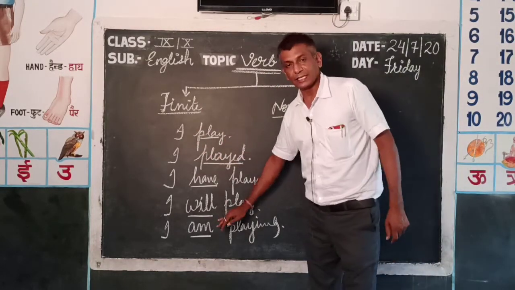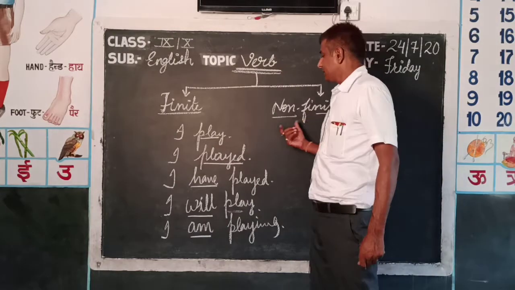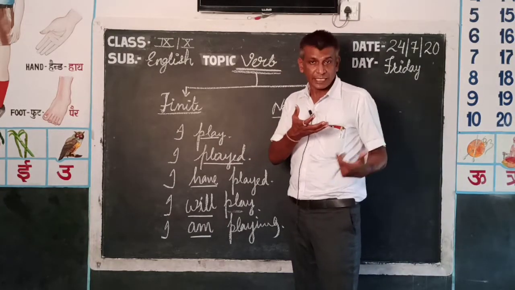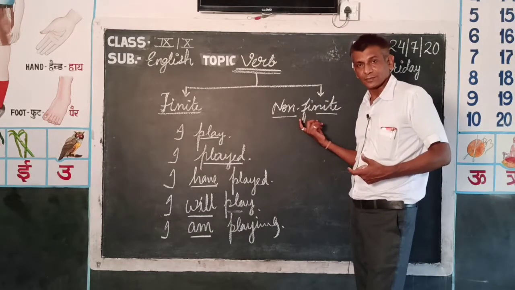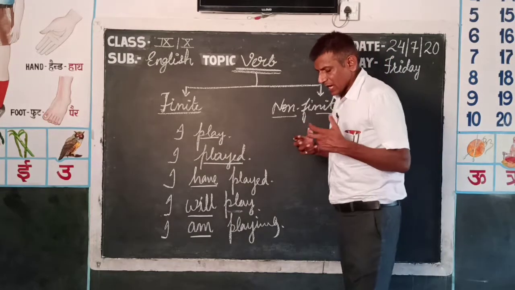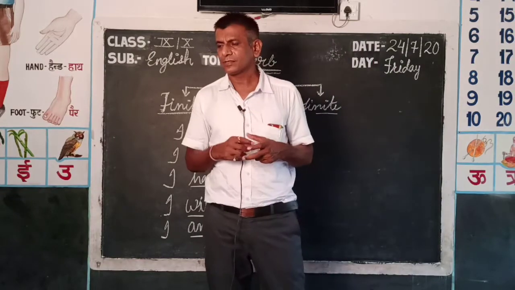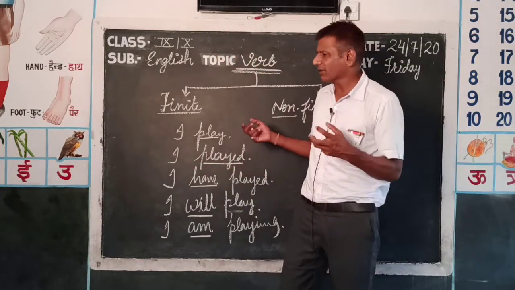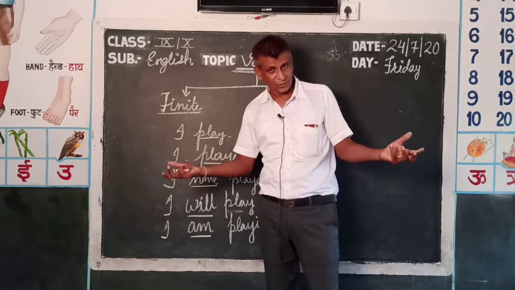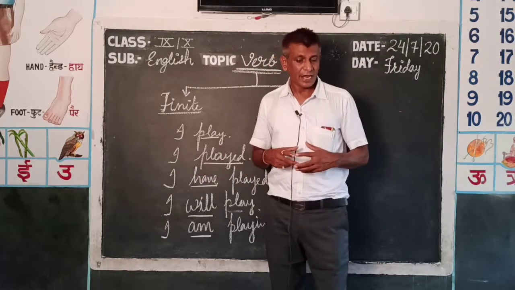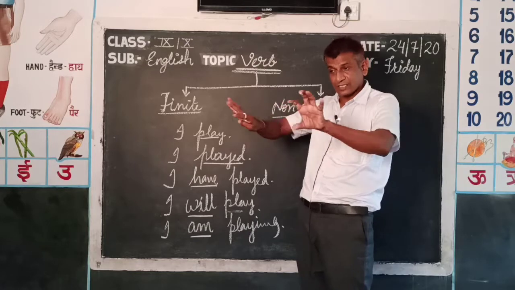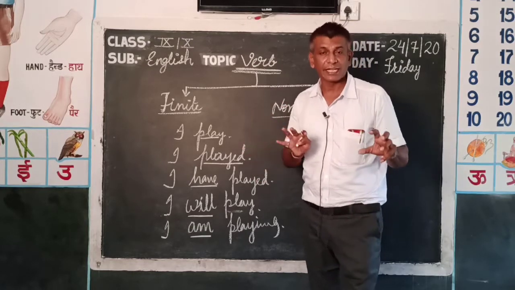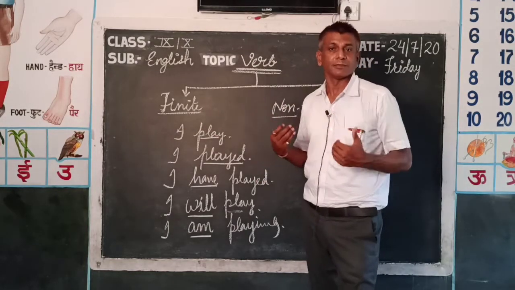The rest of the verbs in the same sentence are called non-finite verbs. Well, now we have identified the finite and the non-finite verbs. Now what is the difference between finite and non-finite verb?